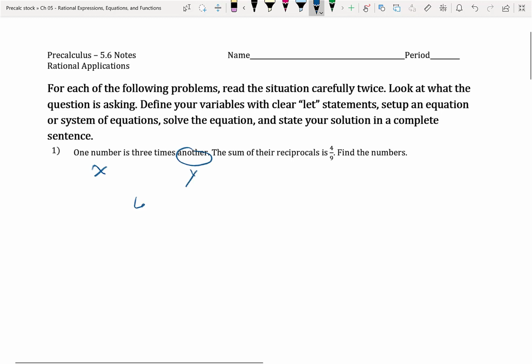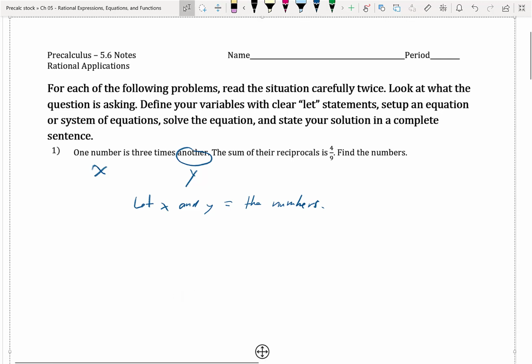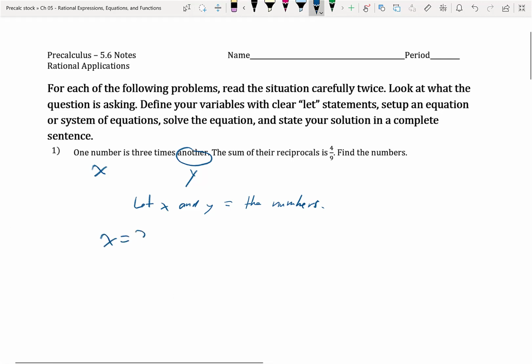And I'm going to say let x and y, I know this is cheating a little bit, equal the numbers. So if x and y are the numbers, and one number is 3 times another, then my first equation could be x is equal to 3y, and then it says the sum of their reciprocals is 4/9.